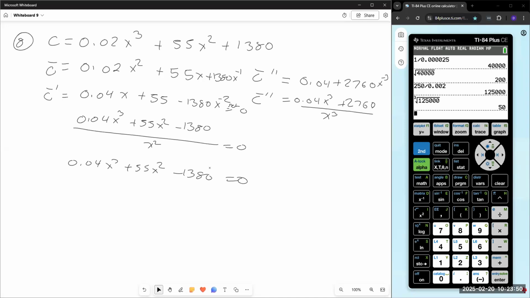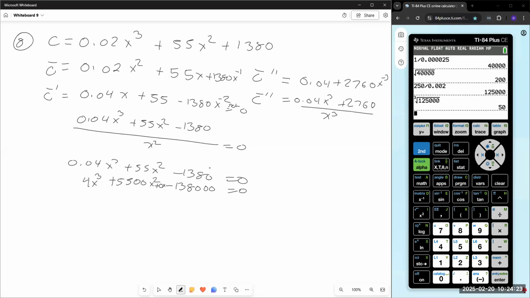I can multiply by a positive number on both sides and not change the problem. So let's multiply everything by 100 to get rid of that decimal point. 4x cubed plus 5500x squared minus 138000 is equal to 0. And then I have an invisible plus 0x in here.